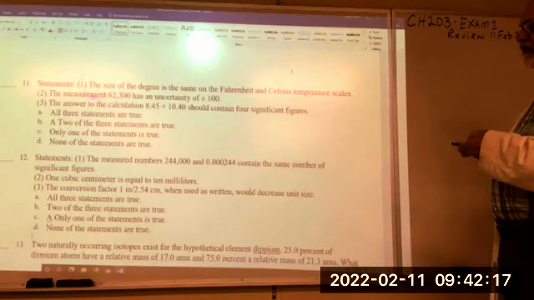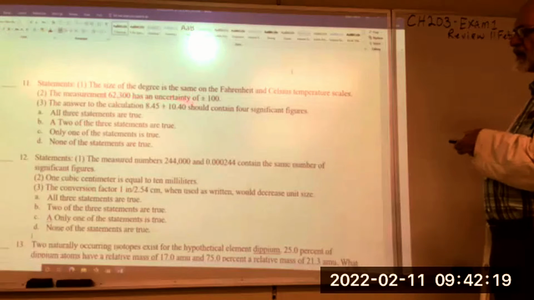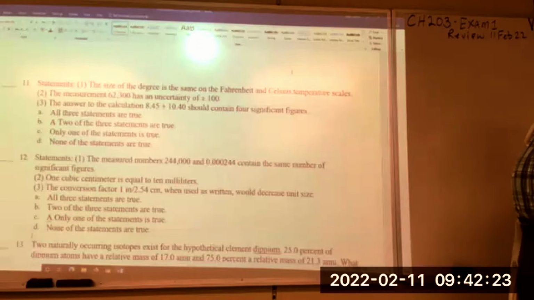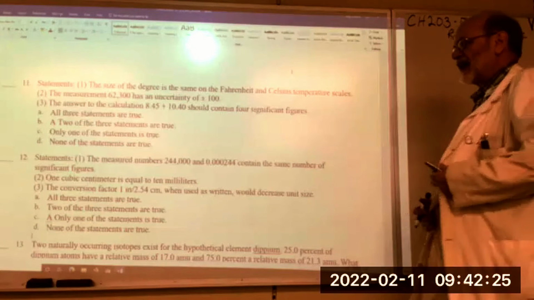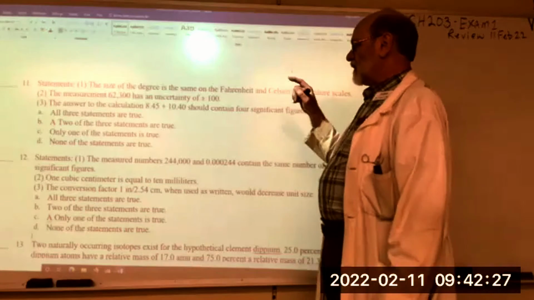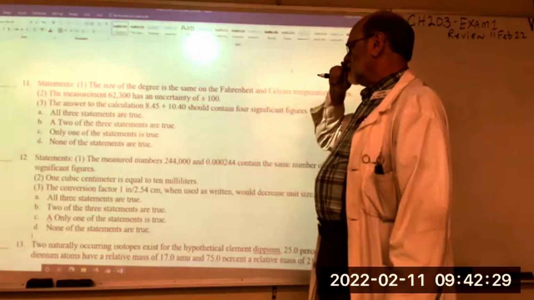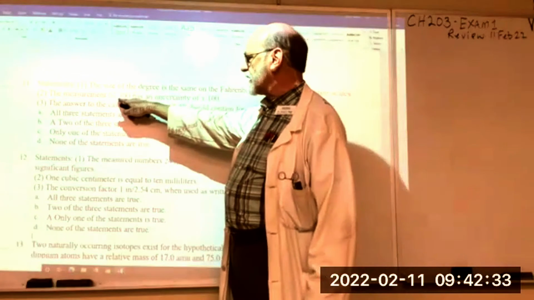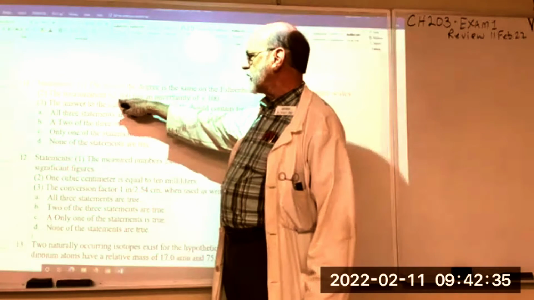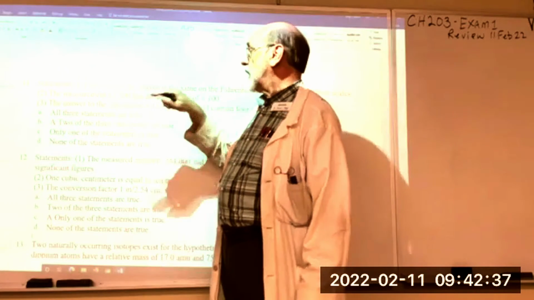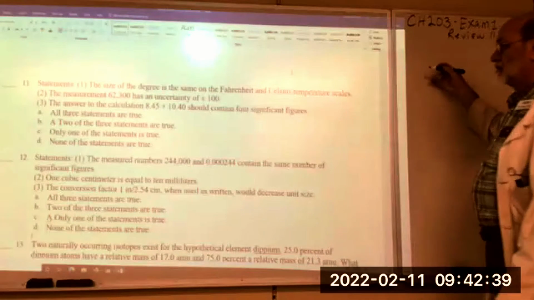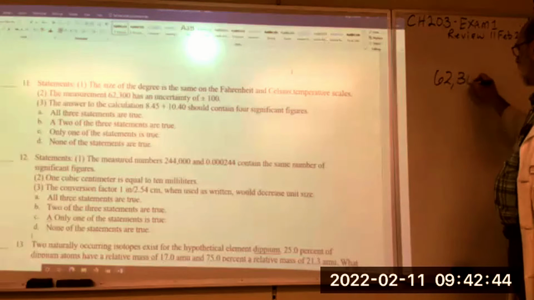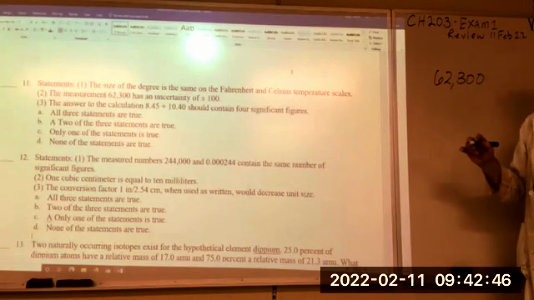The measurement 62,300 has an uncertainty of plus or minus 100. Okay, we didn't spend a lot of time on this one either, but the uncertainty refers to significant figures. Actually, hold on a second, 62.3. Okay.